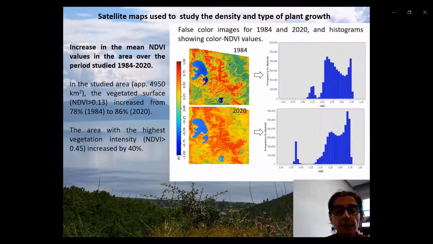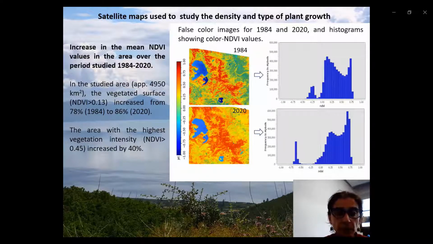Here on this slide, you can see the false color images from 1984 and 2020. So bear in mind that here the red refers to green. The red color actually represents the vegetation, the green vegetation.